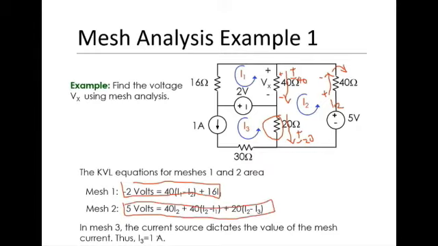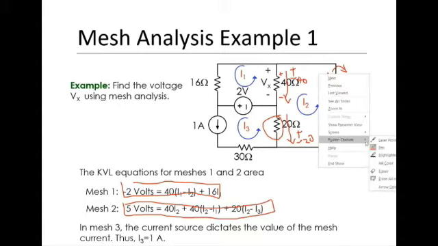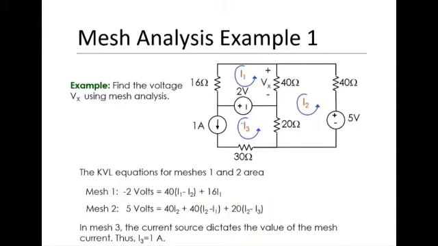In mesh 3, if you look at the mesh 3 right here, since this current source does not have an adjacent, oh wait, I'm forgetting something. There's a current flowing through this 20 ohms, which is I20, as we assumed earlier. Since this branch of the circuit does not have any adjacent mesh, the current flowing through here is actually I2.